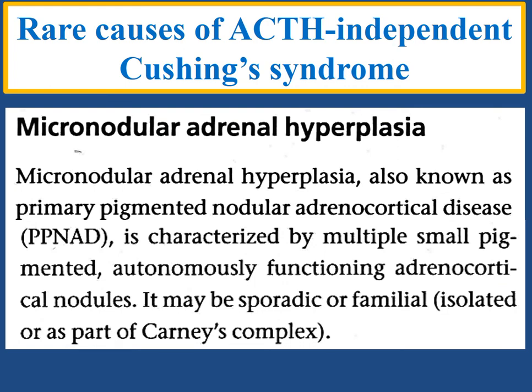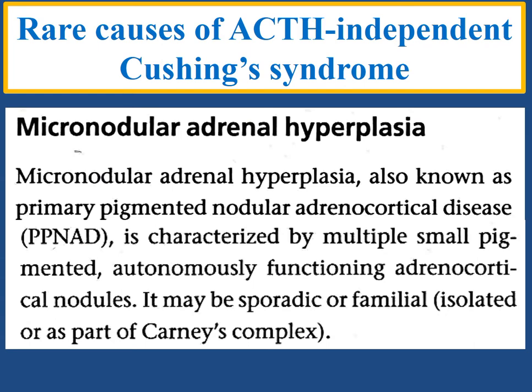And what about rare cases of ACTH-independent Cushing syndrome? For example, micronodular adrenal hyperplasia. Micronodular adrenal hyperplasia, also known as primary pigmented nodular adrenocortical disease, is characterized by multiple small pigmented autonomously functioning adrenocortical nodules.